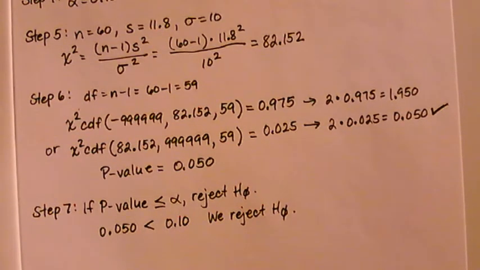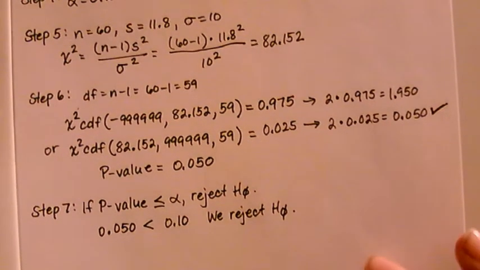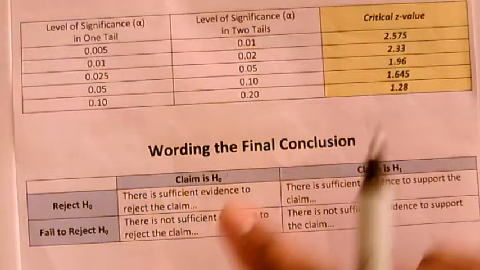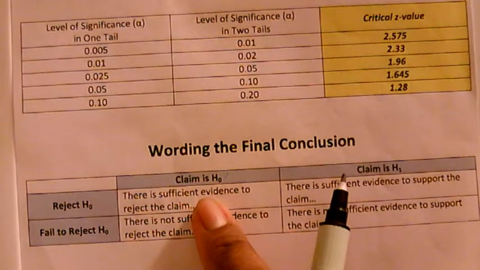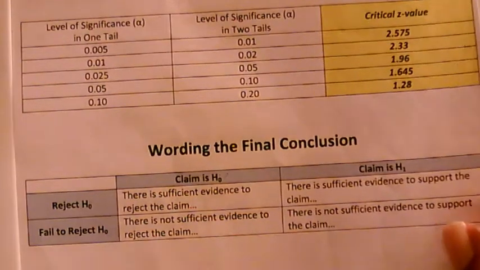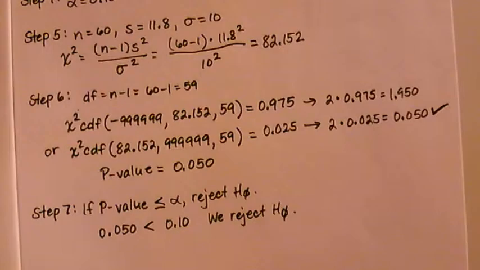Our claim was the null hypothesis, so that tells me there's going to be sufficient evidence to reject the claim. Let's take a look at wording the final conclusion. The claim was the null hypothesis. We're rejecting that null, so that means there's sufficient evidence to reject that claim.